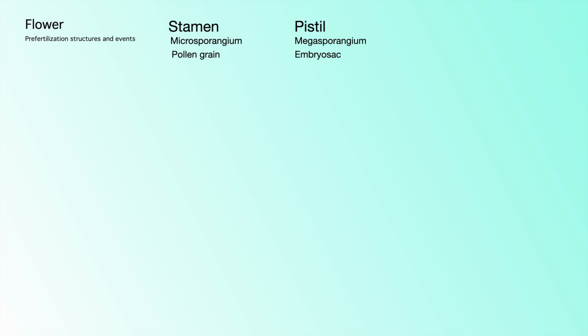The development of the female gametophyte is called megasporogenesis, and this occurs from the megaspore mother cell. From where has this megaspore mother cell formed? If you look at the cells of the nucellus present in the micropylar region, one of the cells differentiates into the megaspore mother cell.